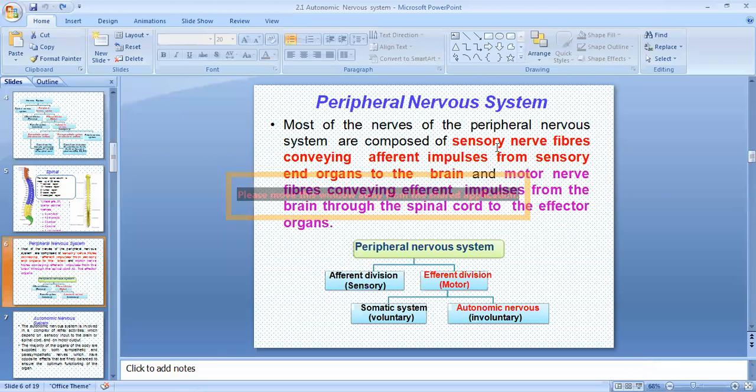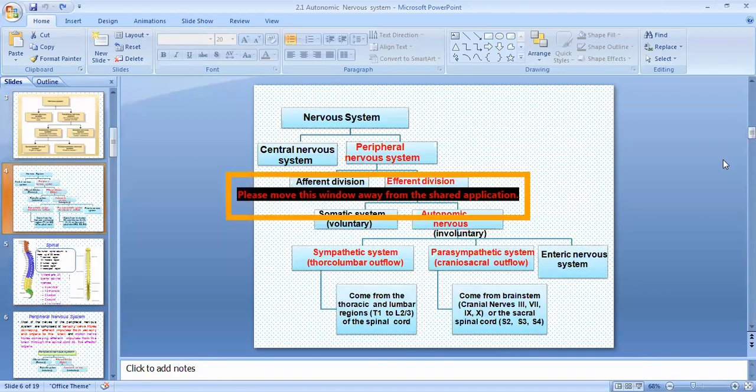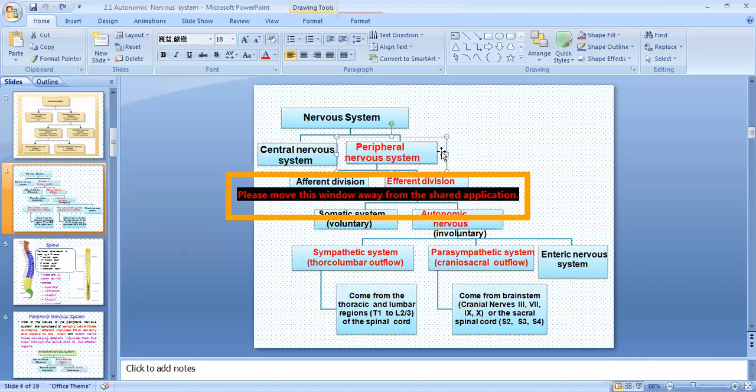Now we are going to discuss in detail about the peripheral nervous system. What is peripheral nervous system? Most of the nerves of the peripheral nervous system are composed of sensory nerves. आपण क्लासिफिकेशन बघितलं स्पायनल कॉर्ड आणि नर्वस सिस्टीमचं, सेंट्रल नर्वस सिस्टीम आणि पेरिफेरल नर्वस सिस्टीम, आणि हा ऑटोनॉमिक नर्वस सिस्टीम हा पेरिफेरल नर्वस सिस्टीमचा एक पार्ट आहे.